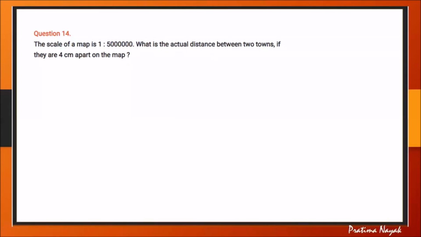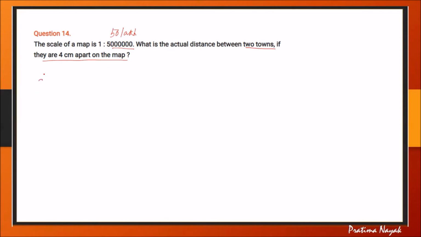Now question number 14. A scale of a map is 1 is to 50 lakhs. What is the actual distance between two towns if they are 4 centimeters apart on the map? That means, what is the meaning of this?